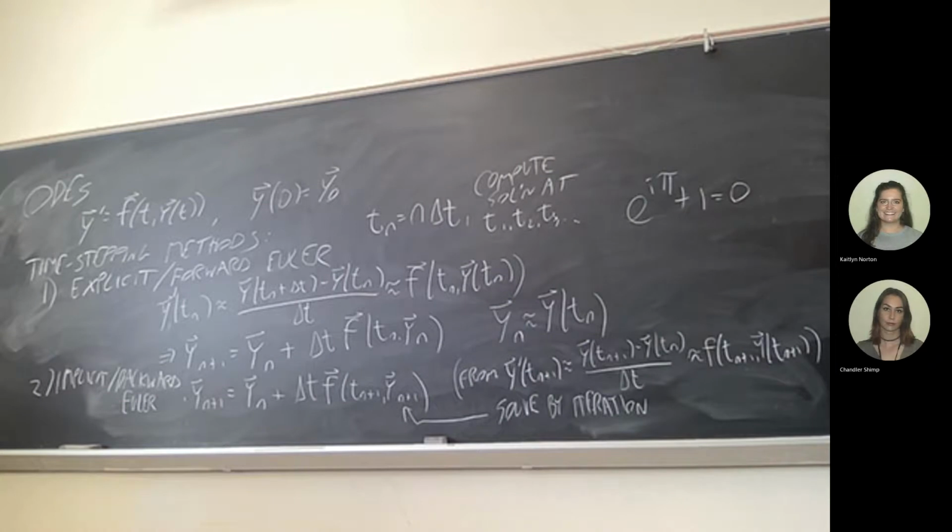I have a quick question. Yeah. For the formula you wrote for the backward difference, you had tn plus 1. On the forward difference, you had tn plus delta t.